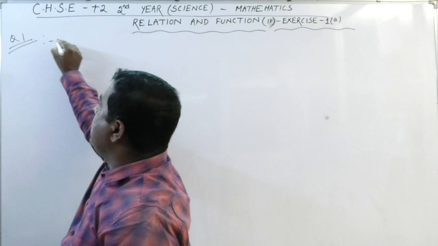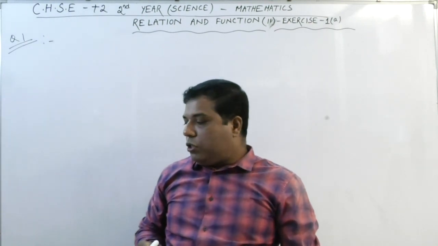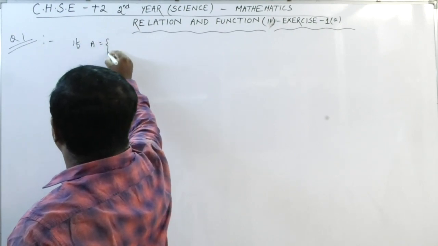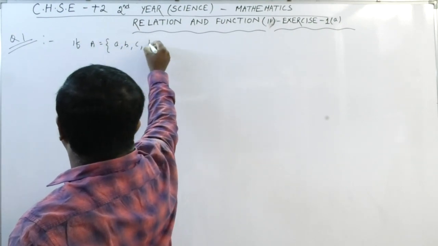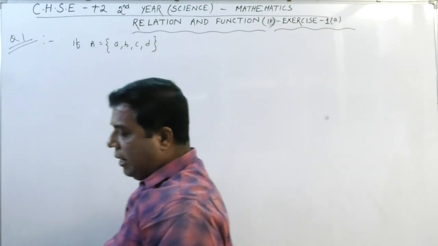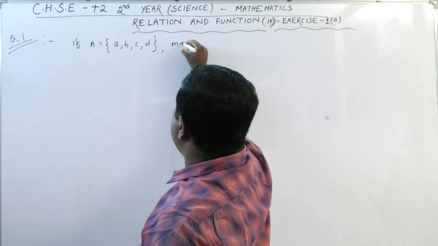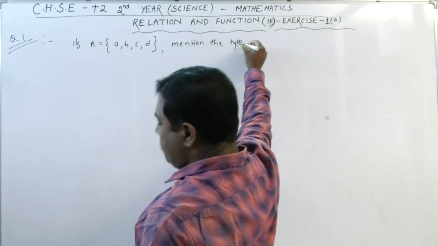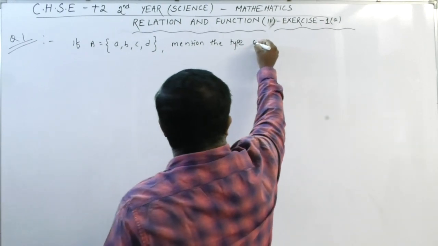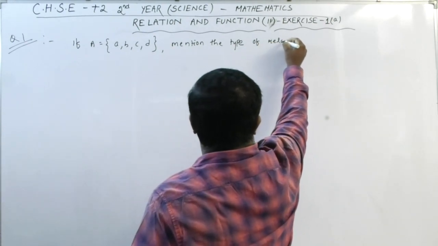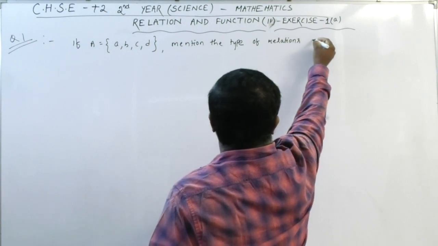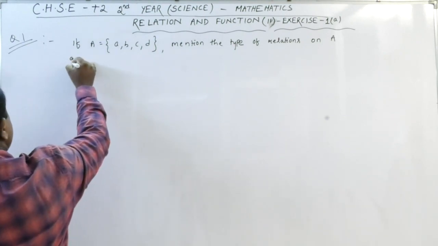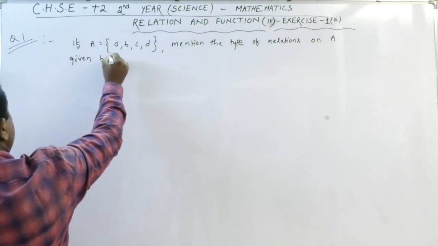Question number 1 says, if A equals {A, B, C, D}, so one set is given containing the elements A, B, C, D, then mention the type of relations on A given below.